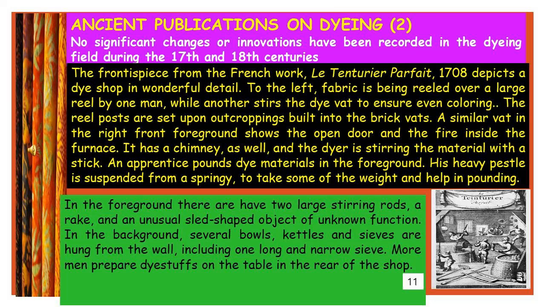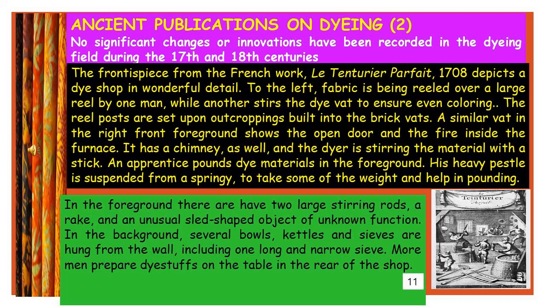The frontispiece from the French work Le Teinturier Parfait, 1708, depicts a dye shop in wonderful detail. To the left, fabric is being reeled over a large reel by a man, while another stirs the dye vat to ensure even coloration.